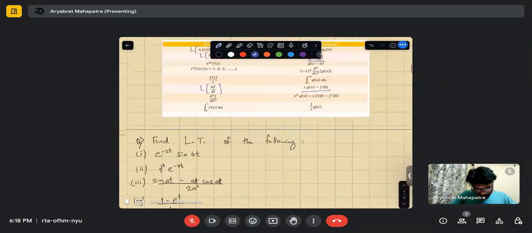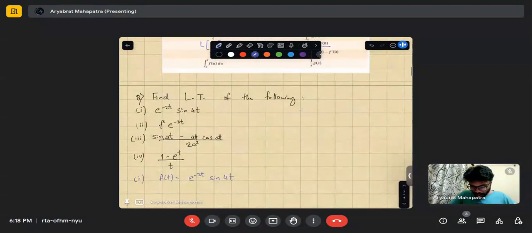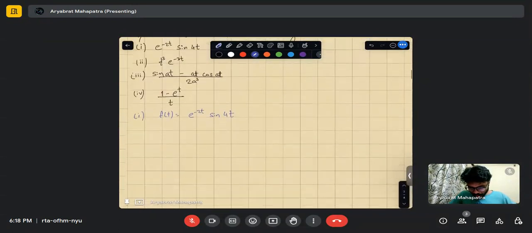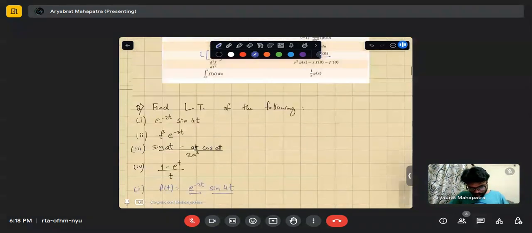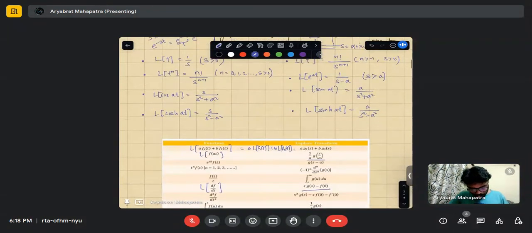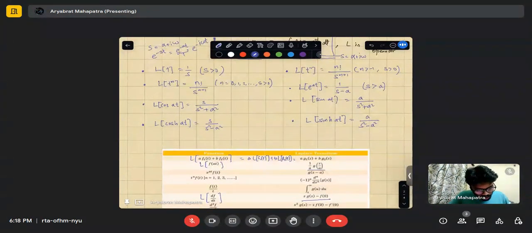That is what we will also see here. You can see here you have one exponential function multiplied with one trigonometric function, that is the sine function. We have the Laplace transform of a sine function right here: the Laplace transform of sin(at) gives you a over s squared plus a squared.